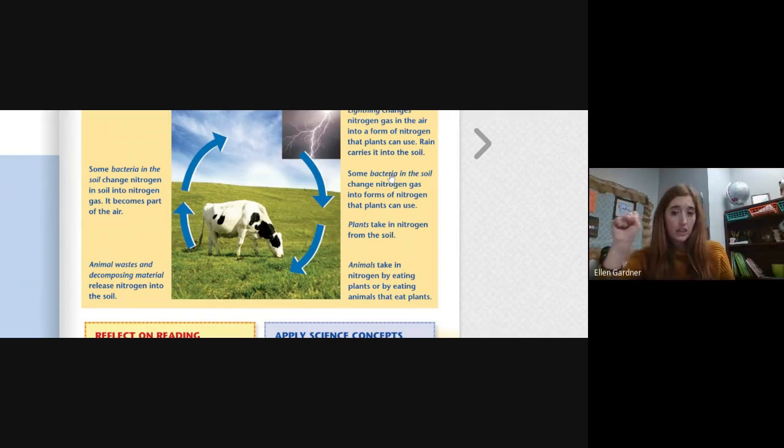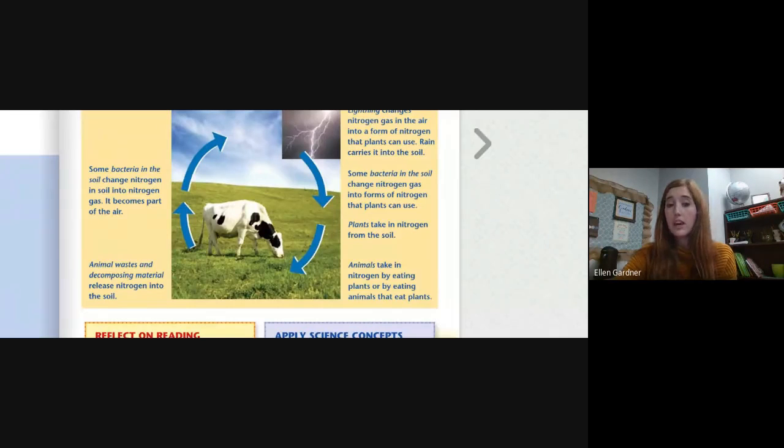Because of bacteria in the soil, that's what changes its form so that plants can use it. Animals take in nitrogen by eating those plants or eating other animals that took nitrogen from plants. Now, some bacteria in the soil change nitrogen in soil into nitrogen gas.